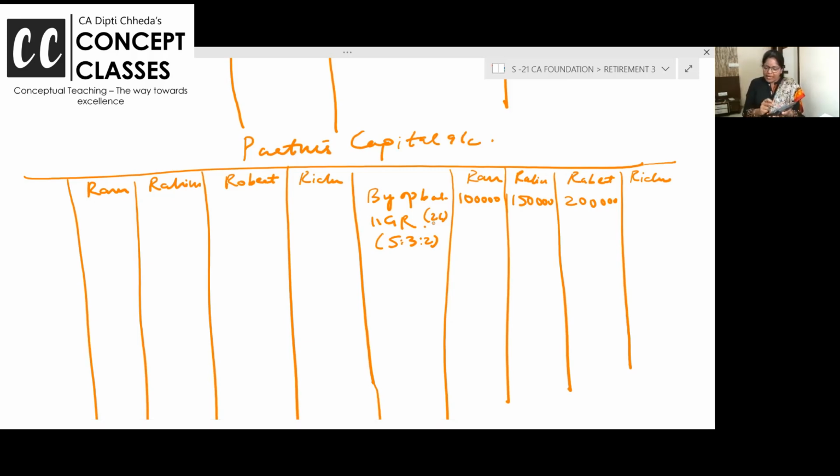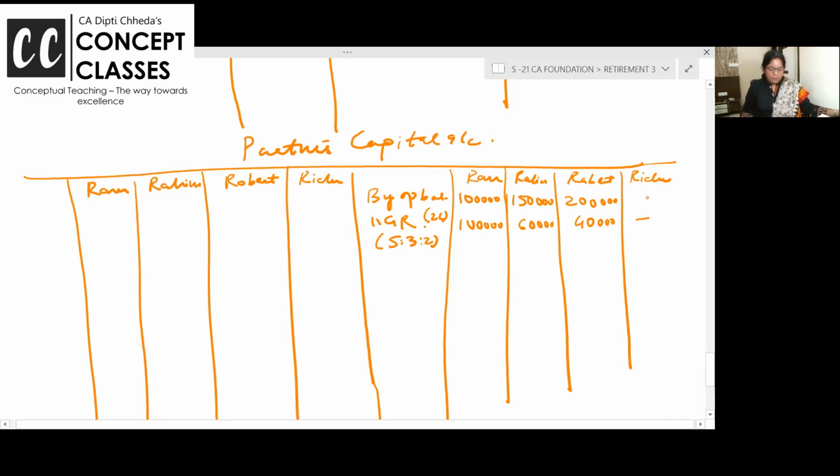General reserve 2 lakh into 5/10, 1 lakh. 2 lakh into 3/10, 60,000. 2 lakh into 2/10, 40,000. General reserve, give it to old partners, old ratio.